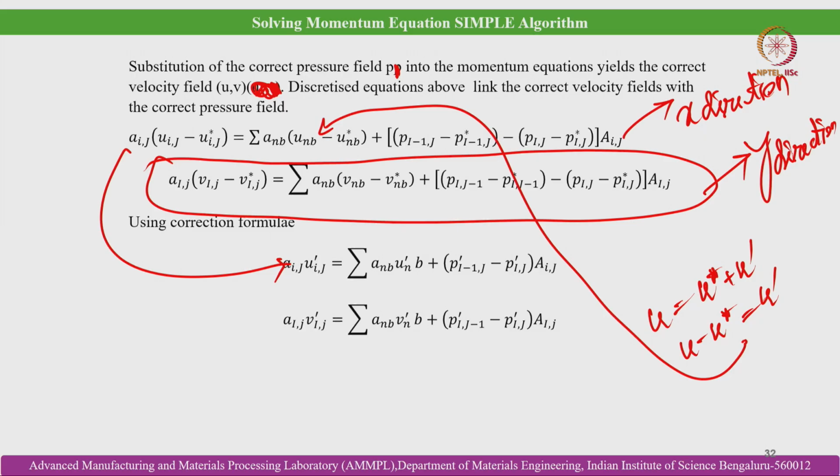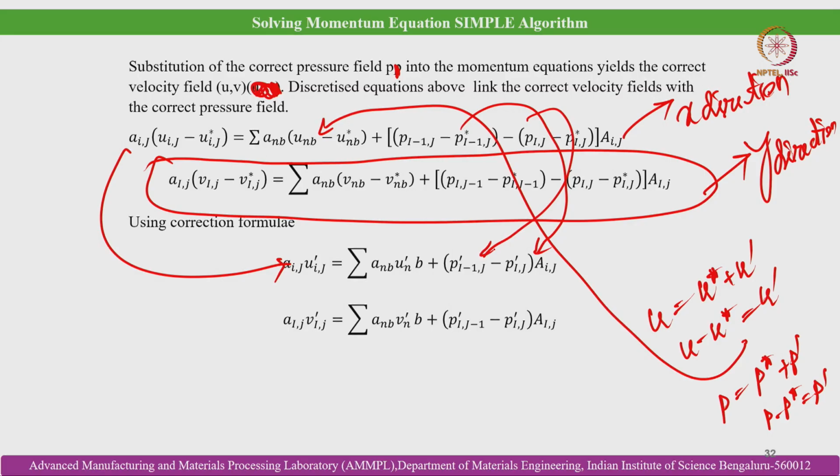Similarly for pressure correction, we know that actual pressure is equal to P asterisk plus P prime, so P minus P asterisk is the correction term for pressure, P prime. Putting that value over here, we can write P prime_{I-1,j} minus P prime_Ij multiplied by A_ij. Simplifying these terms, we arrive at this expression.